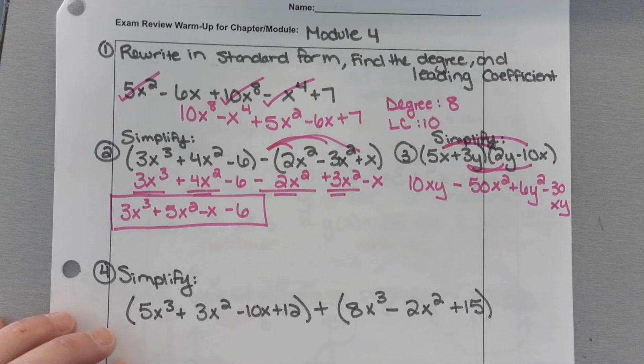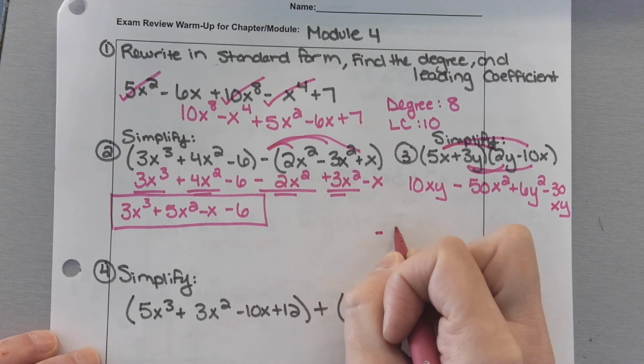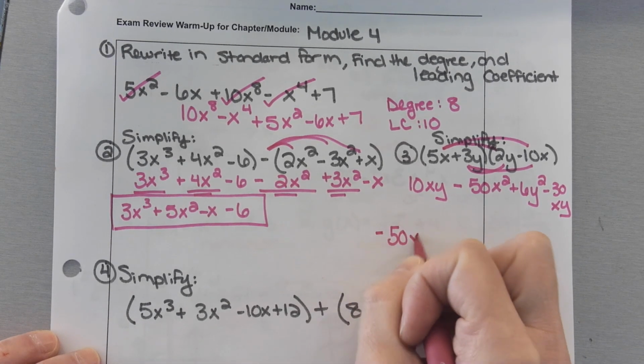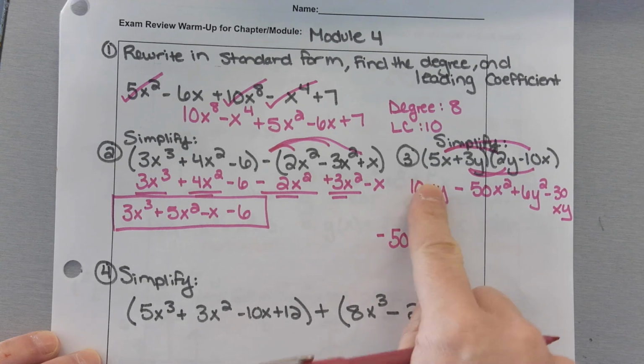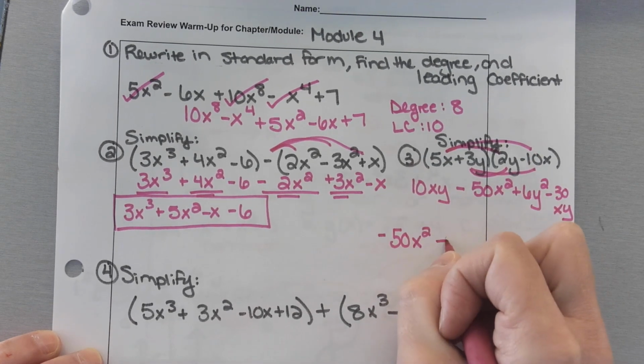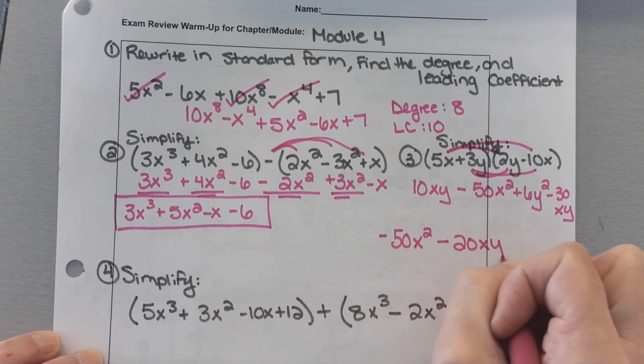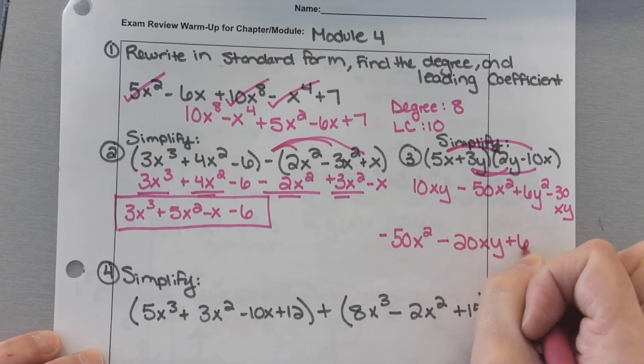Okay. Do I have any like terms that I can combine? Yeah, the xy's. So I've got negative 50x squared. 10 take away 30 is negative 20xy. And then I've got my 6y squared.